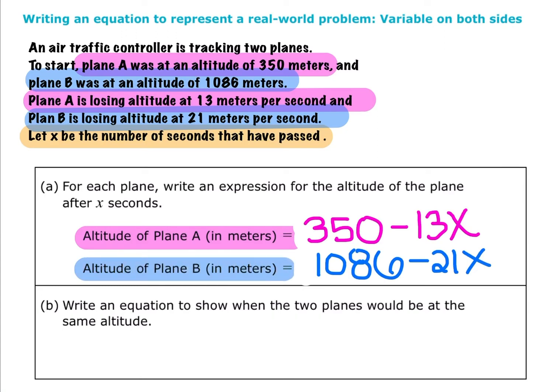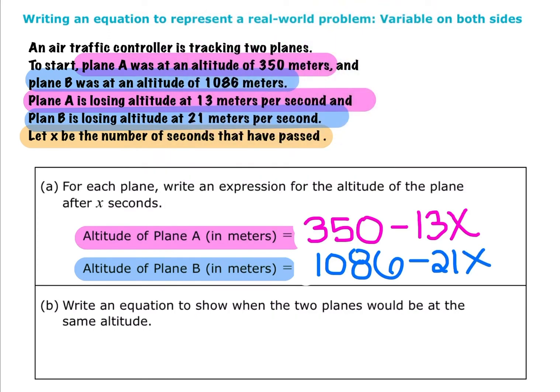Okay, lastly, we want to write an equation to show when the two planes would be at the same altitude. In other words, the height of plane A is the same as the height of plane B. Since these expressions represent the height of each plane, we just want to set the heights equal to each other.